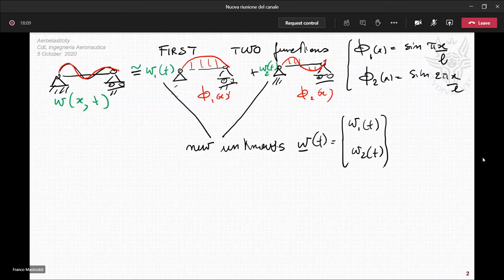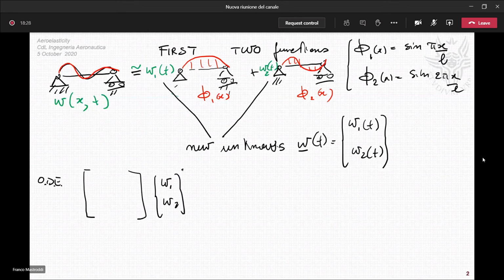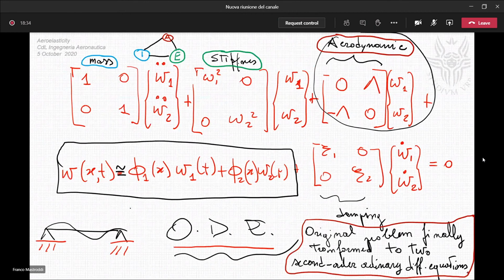So this is a state space vector, and in this framework, our ordinary differential equation system is something like this applied to W1, W2 double dot, with the matrix 1, 0, 0, 1. Look, this here is the mass contribution, okay?